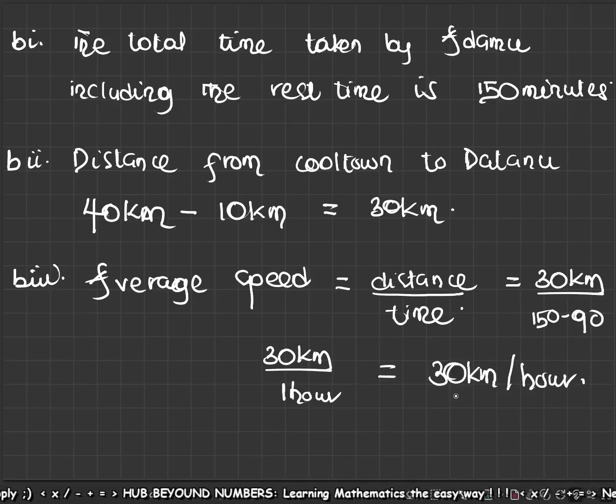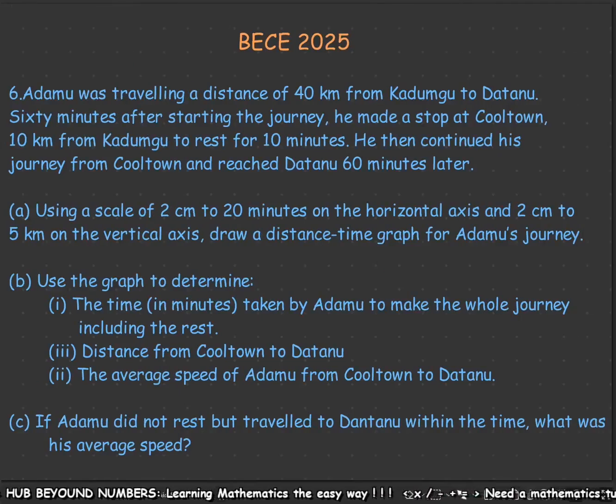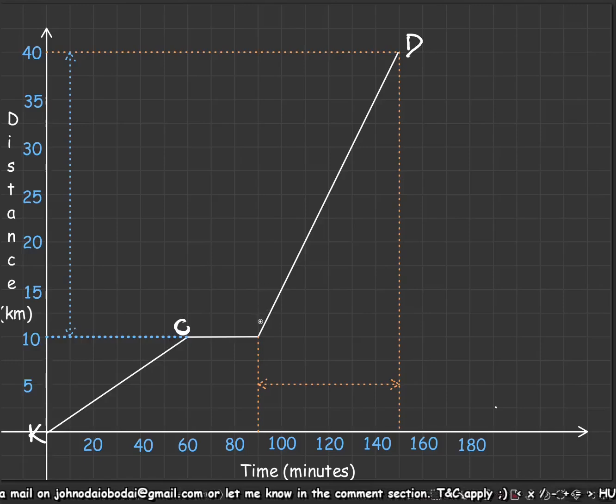Now the last part of the question, that is question C. If he did not rest but then traveled to the town within the time, what is his average speed? Now what do we mean by if he did not rest?